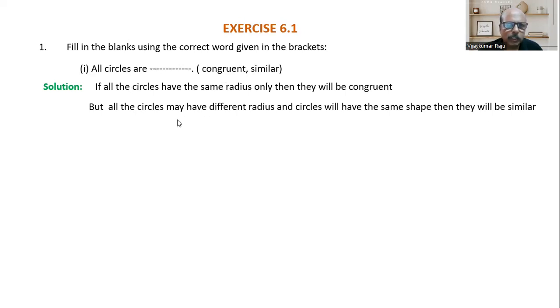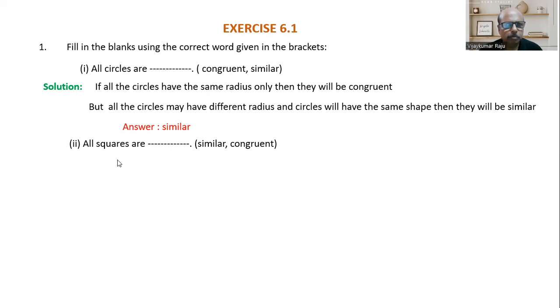So your answer should be similar. Congruent would need them to mention the radius, which they haven't, so the radius could be different. So the correct word for this blank is similar. It won't be congruent.